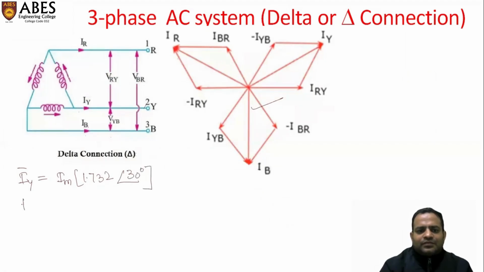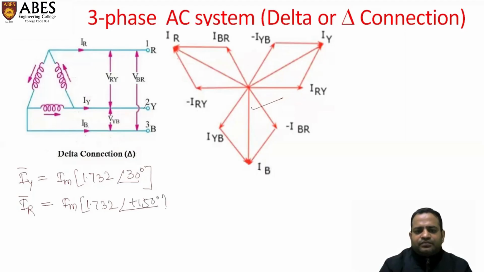IR is IM 1.732 angle plus 150, and our IB, these are line currents IR, IY, IB, with a magnitude of 1.732 angle minus 90 degree.